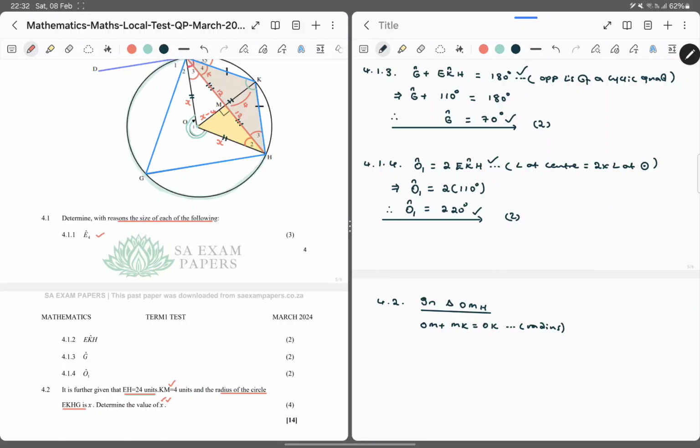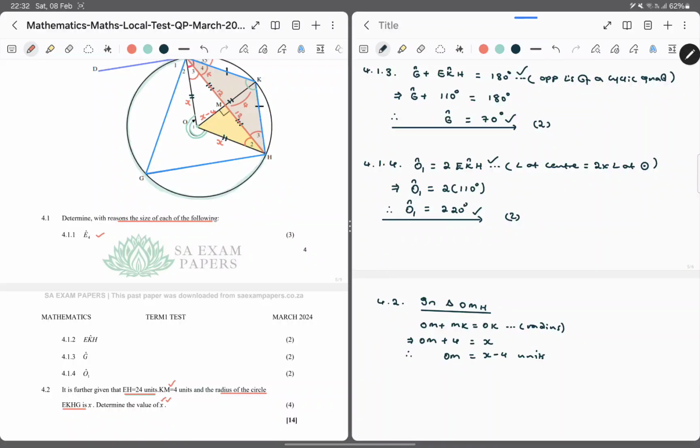Right? Now, this implies that OM plus 4 is equal to x. Therefore, OM is x minus 4 units.